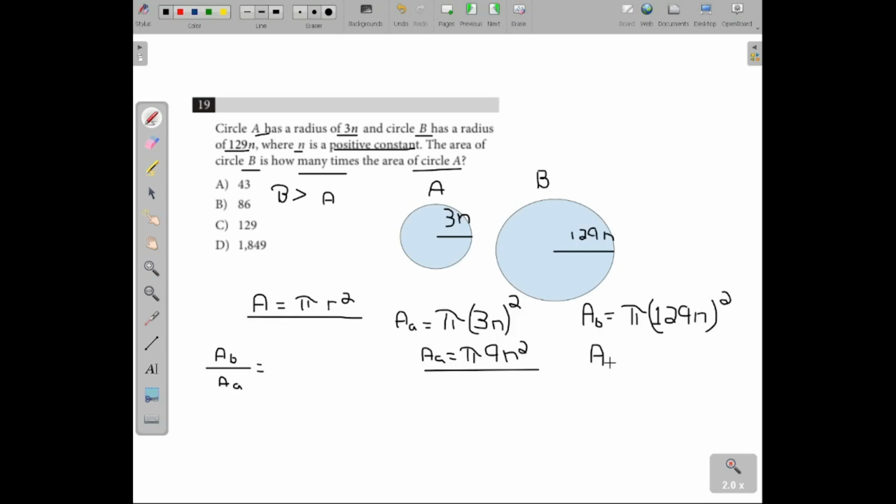The area of B is equal to pi and 129 to the square is 16,641. The square of n is n squared.